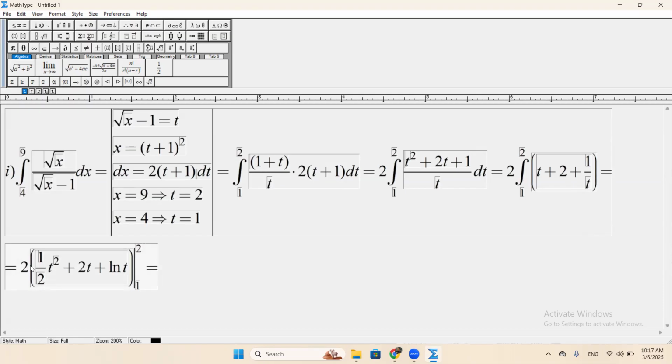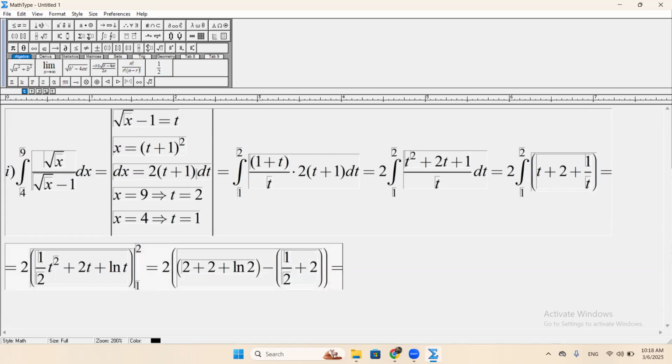So calculating. So in the first case, t square, so 4 over 2, so 2 plus 2 plus logarithm of 2 and minus 1 over 2 plus 2 and plus 0.